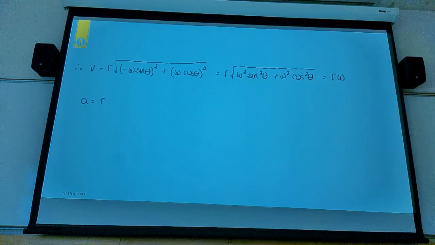Acceleration also has an r in common, factor it out. This one is going to be a bit of a pain. And for the sake of time, I think what I'm going to do is let you do a lot of the algebra. So I'm just going to skip to this step.